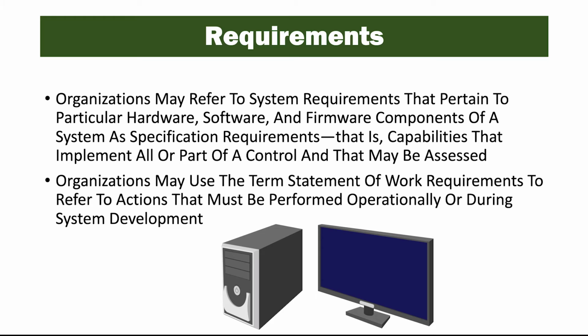So we can call them specification requirements and statement of work requirements, and have the ability to delineate between the two when we're talking about requirements. So think of specification requirements referring to hardware, software, and firmware components, and statement of work requirements referring to those actions performed operationally or during system development.